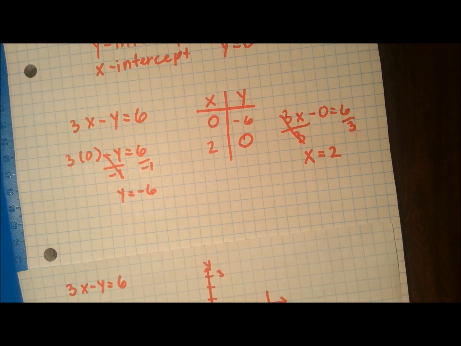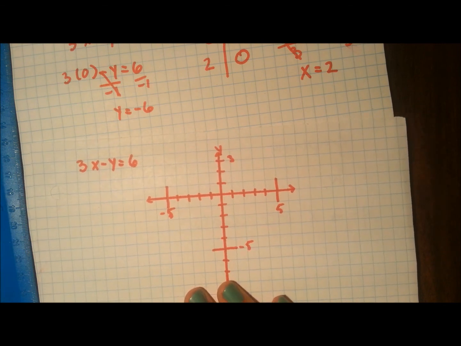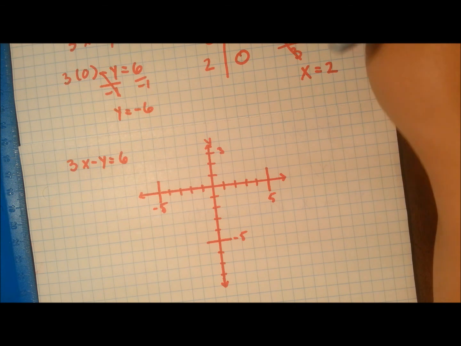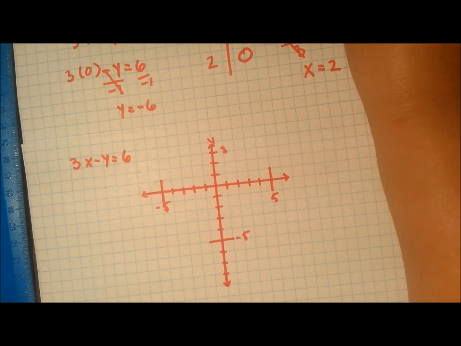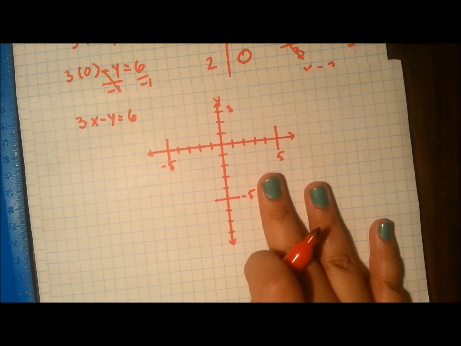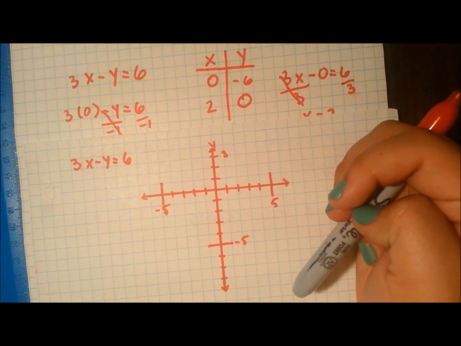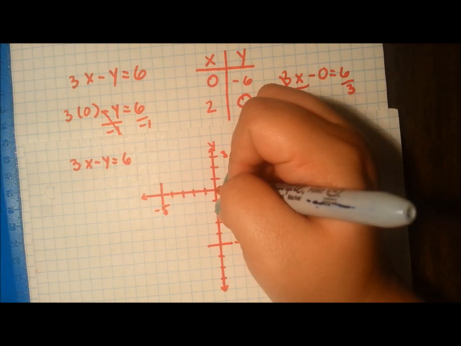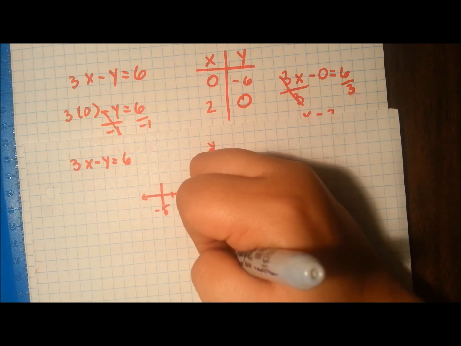And what you do is you would draw your graph just like normal. And since it's not very large, we don't have to extend it very far up. And so we have our points. When x is 0, you're at negative 6. So that's 0, negative 6.